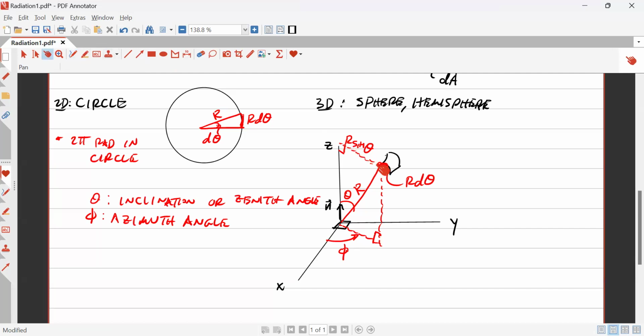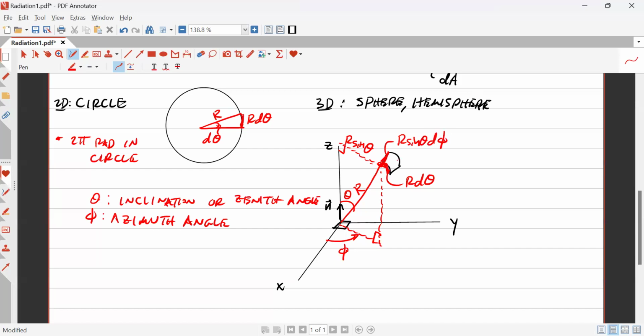Up top here, since the length of this line here is r sine theta, if we do the same exercise, we have a phi, and say we sweep this out a little bit more in the positive phi direction, so we get a d phi, then the length of the line is r sine theta, and this arc length right here is going to be r sine theta d phi.